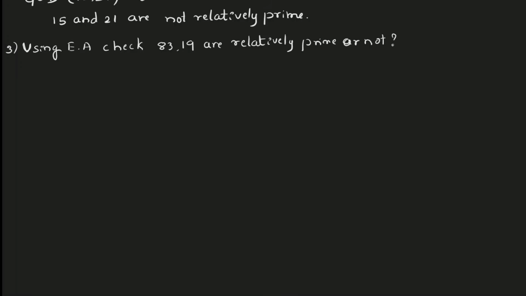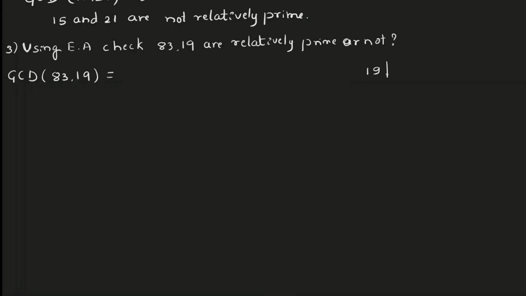Or check whether 83 and 19 are co-primes. So what is the procedure? First step is to find the GCD of 83 and 19 using Euclid's algorithm.